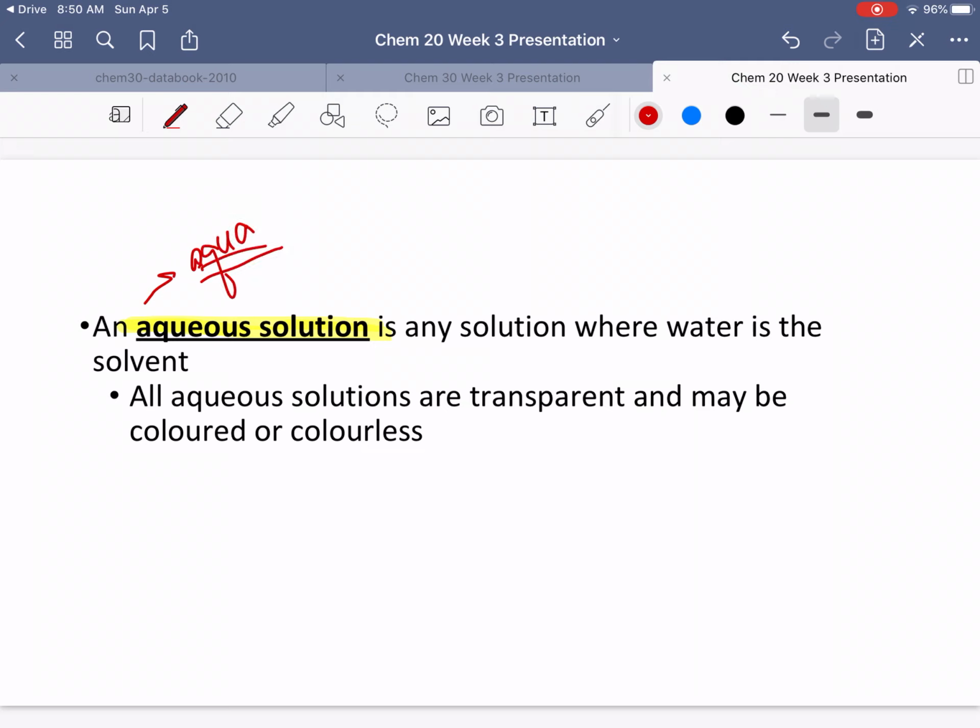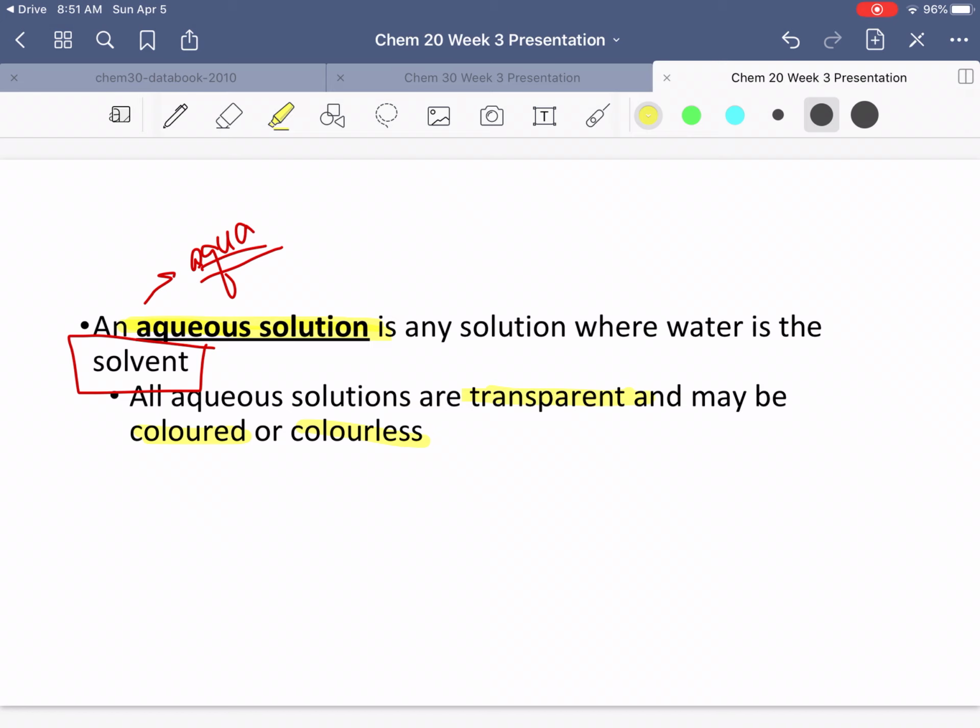So an aqueous solution is a solution where water is the solvent. That's key. And these are what we've been familiar with for years now. They're transparent, they may have a color, they may be completely clear. It varies depending upon the ions that are dissolved in there. But ultimately, a solution where water is the solvent.